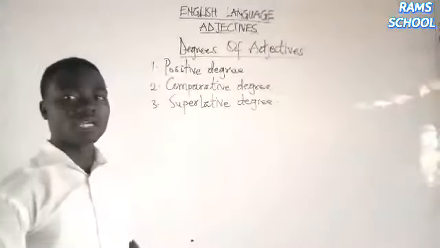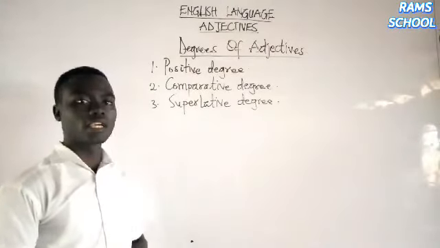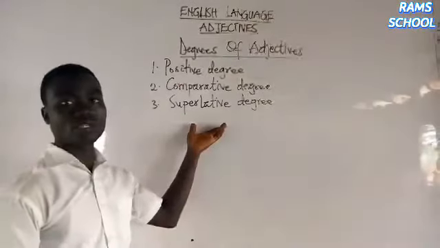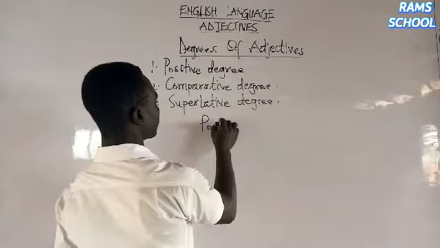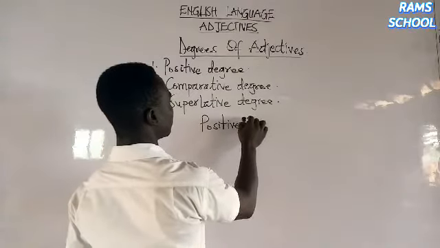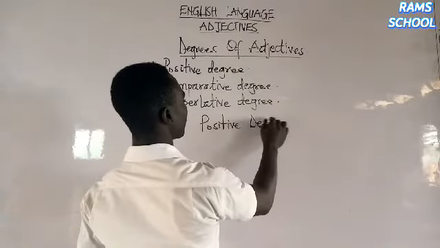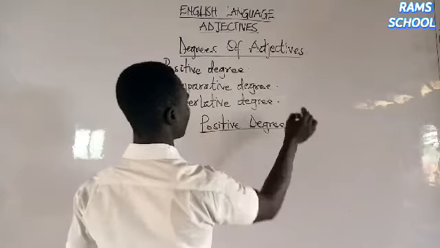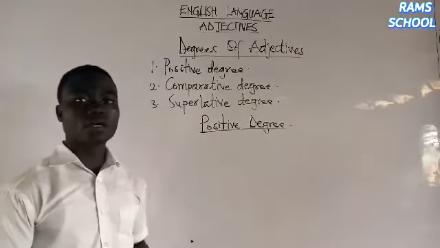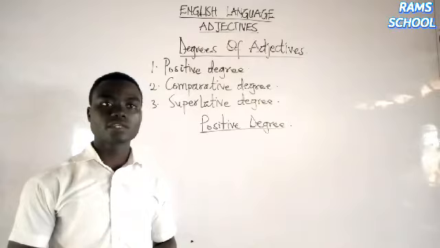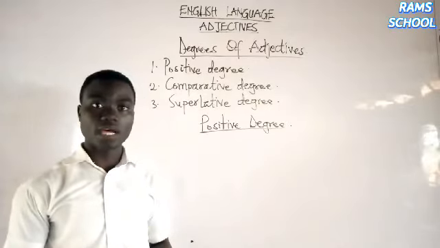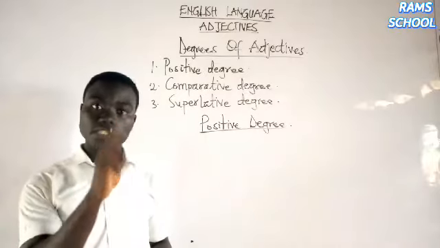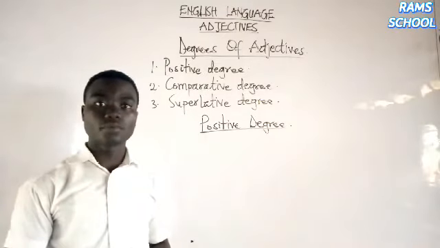These are the 3 main types of degrees of adjectives we have in English. We consider the first one, the positive degree. The positive degree of an adjective is how an adjective is used to describe just an item, just a person, or a group.